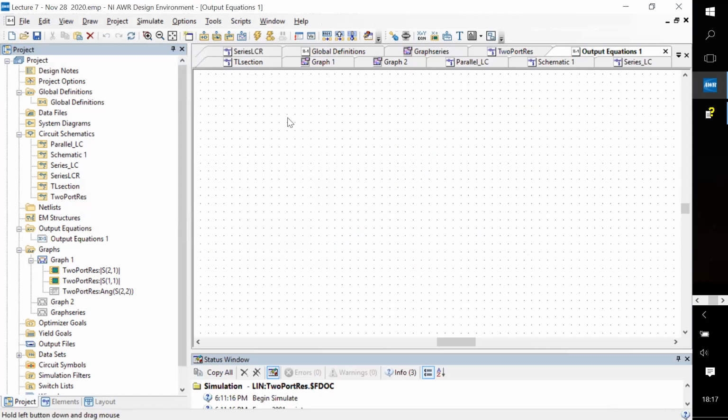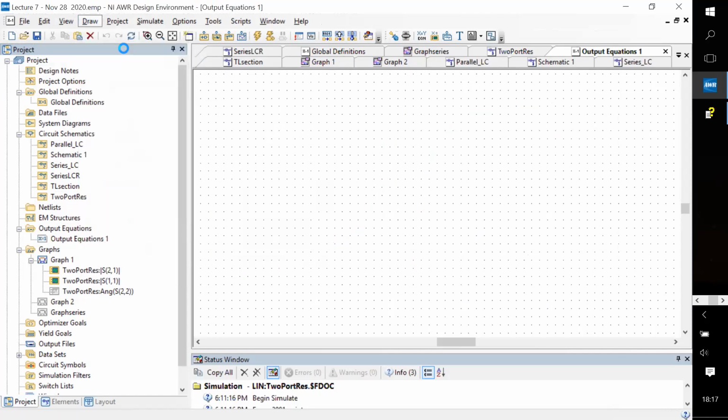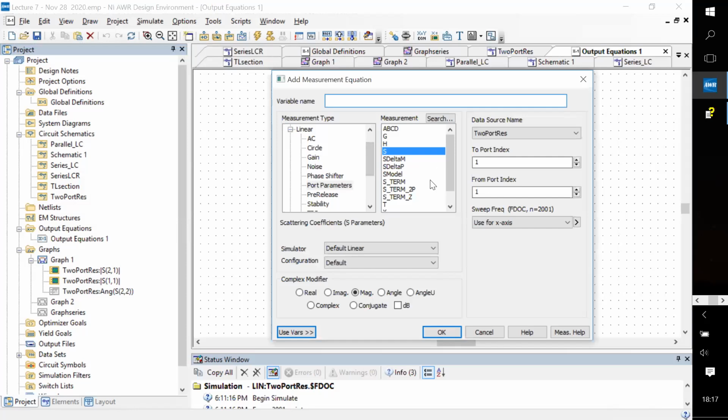So what you do is you go to draw and you say add output equation. Then it pops up a window very similar to the window which pops up when you are adding a measurement to the graph. So you do exactly the same thing. You just give a variable name.